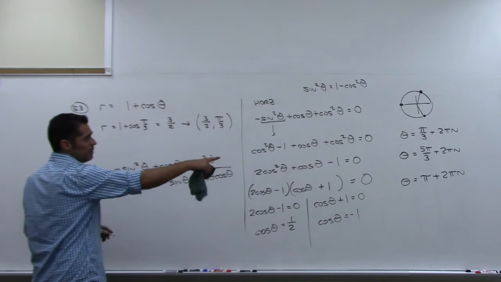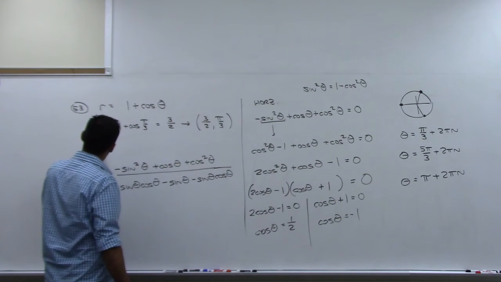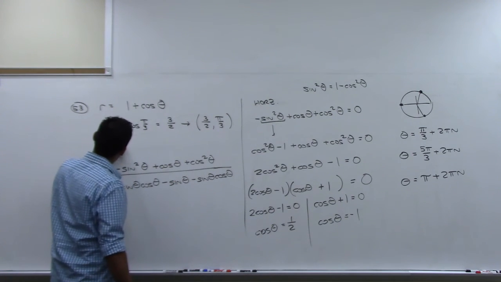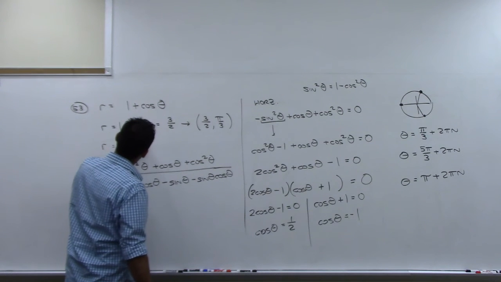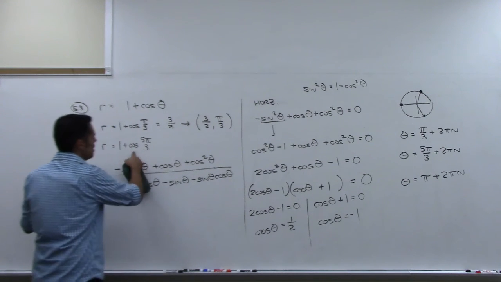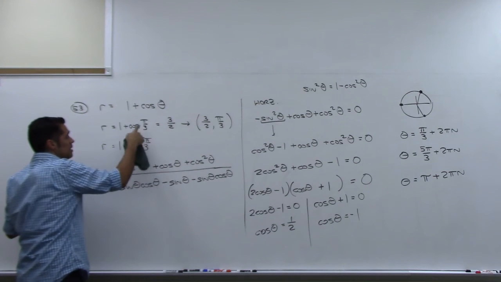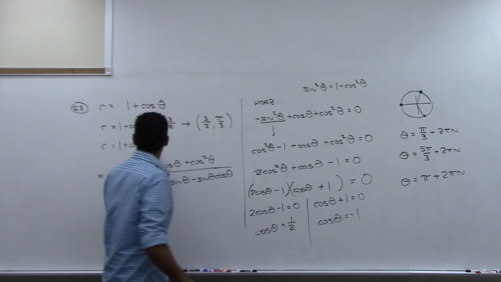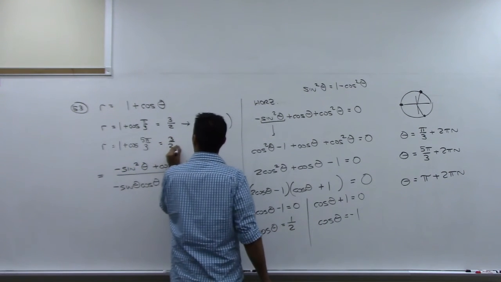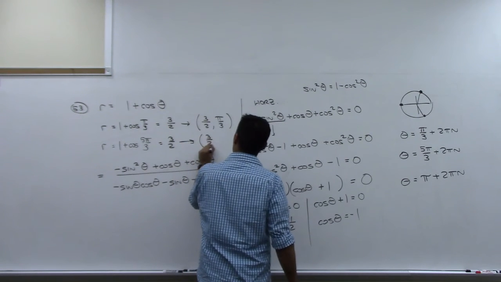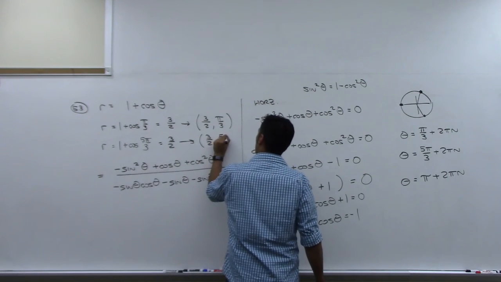Now let's plug in 5 pi over 3. So r is 1 plus cosine 5 pi over 3. Well, cosine of 5 pi over 3 is the same as cosine of pi over 3, so you're going to get the exact same answer, 3/2. But that's happening at 5 pi over 3.